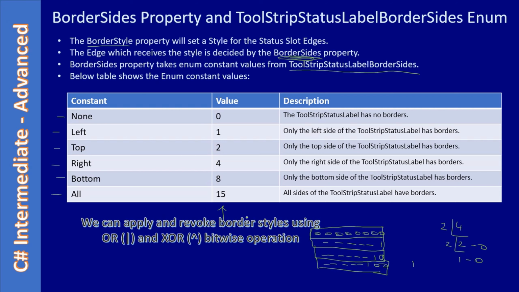So we can apply and revoke border styles using OR and XOR. These are all bitwise operations. Using these bitwise operations, we can apply and revoke the border style from the edges of the status slots.